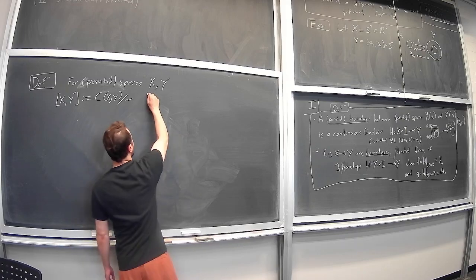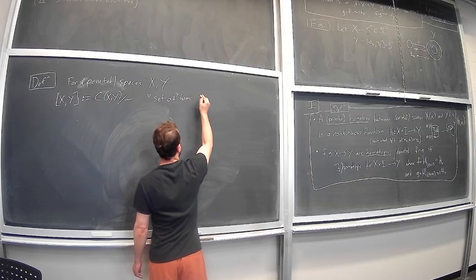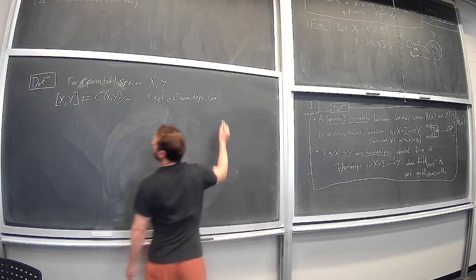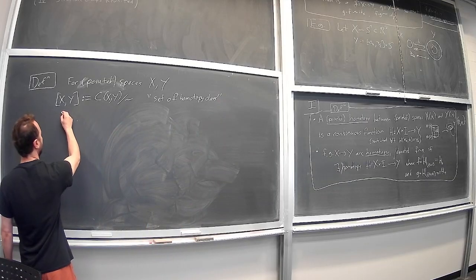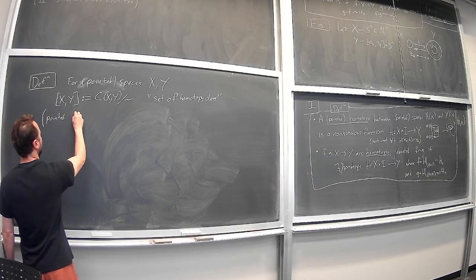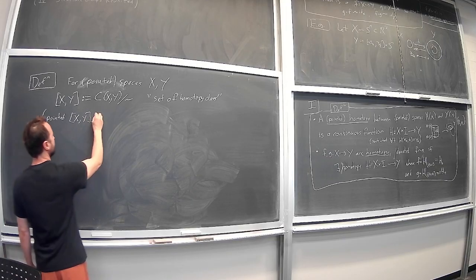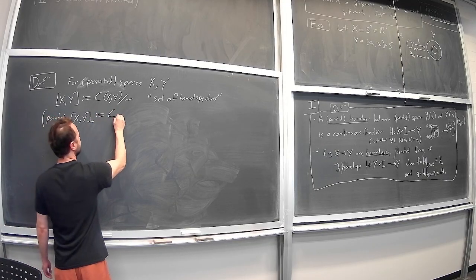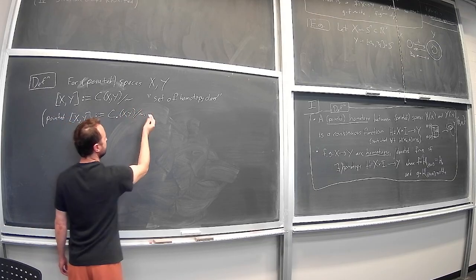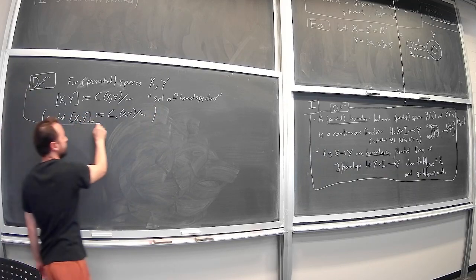So this is the set of homotopy classes of continuous functions. Or for pointed, basically the same notation, but with a little bullet sign there. This is all pointed continuous functions x to y, modulo pointed homotopy. That's just some useful notation.